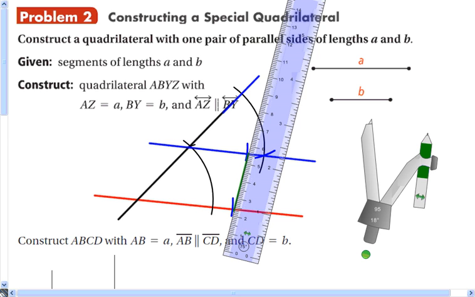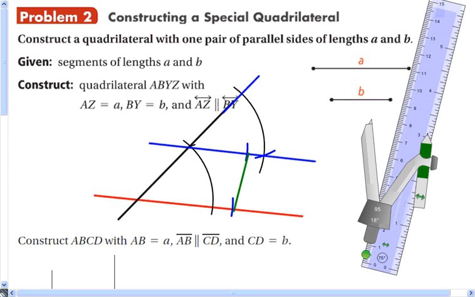And right here is length A, so that's AC, dots in. And here is length B, so that is BY. And AZ is parallel to BY.